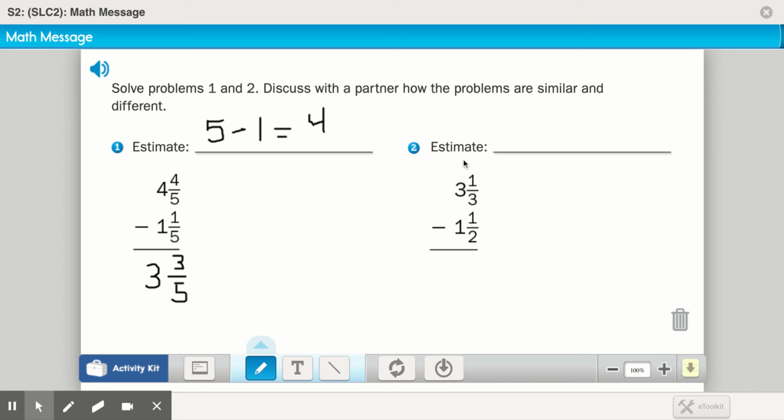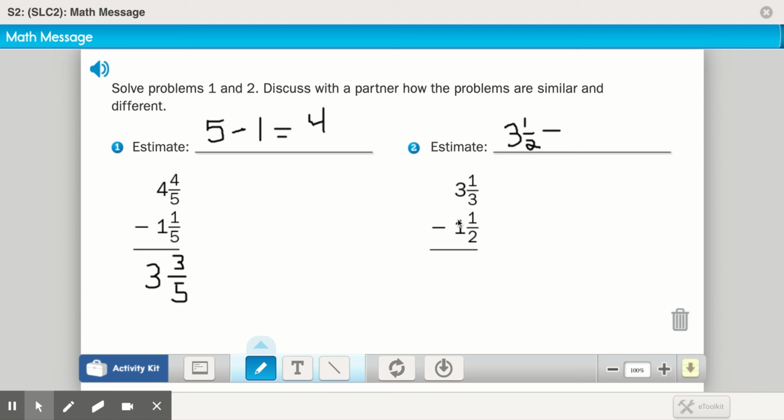Let's look at 2. Let's make our estimate first. 3 and a third. So I would say 1/3 is pretty close to a half, so let's make it 3 and a half minus, oh, do I need to change this one?